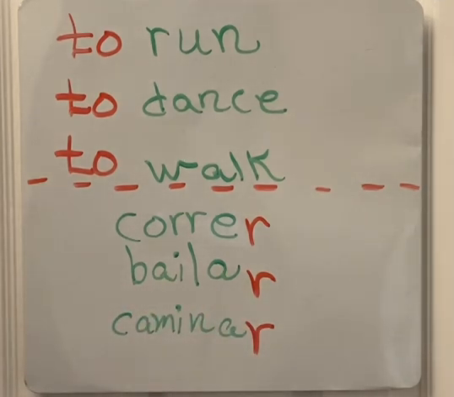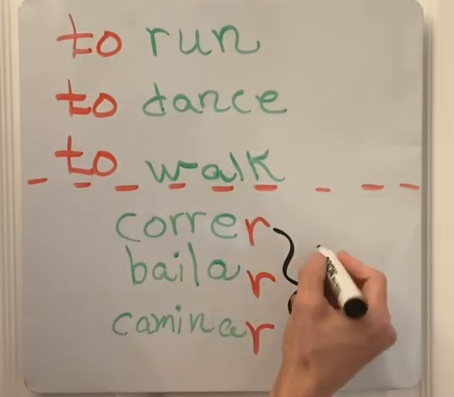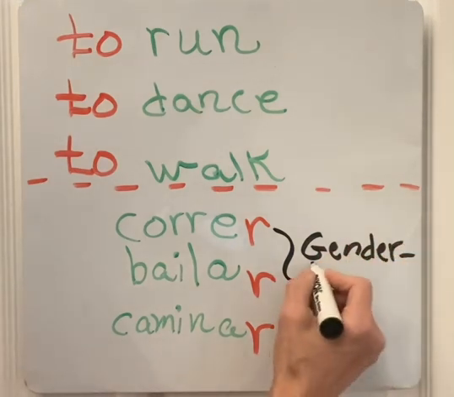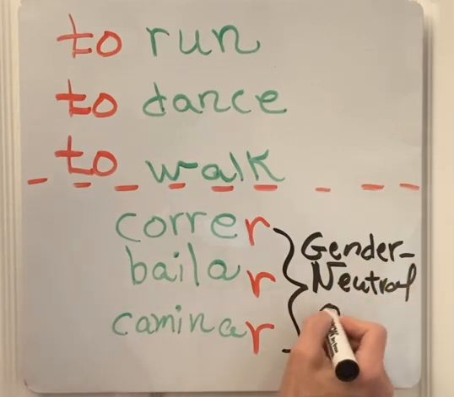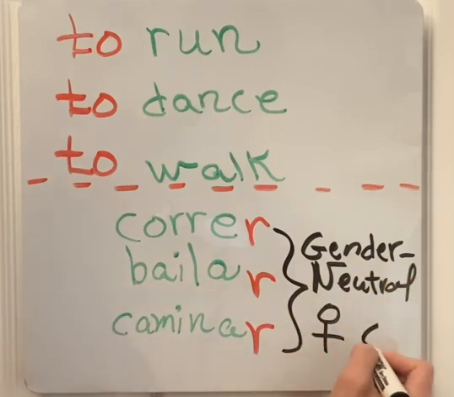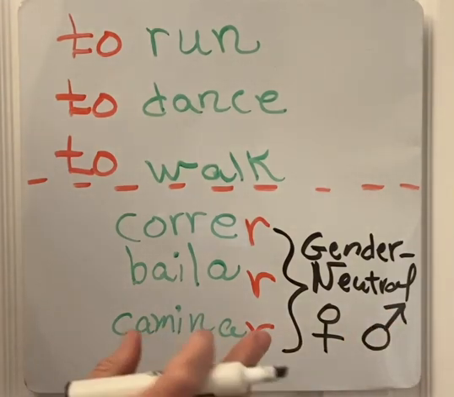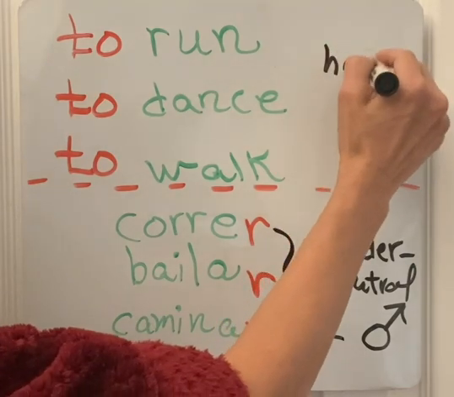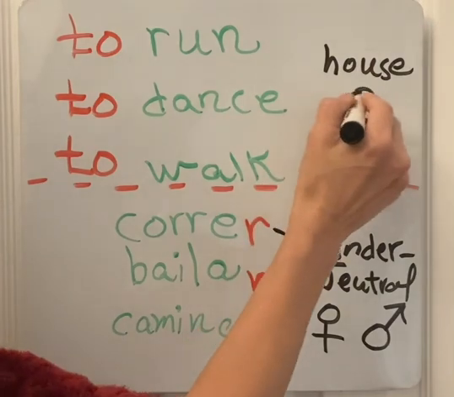Let's use a different color. It is gender neutral. Neutral. It can be a girl or it can be a boy. And this is wonderful because when it comes to a noun, if you're talking about a house, for instance, that's a she, that's a girl, a female.